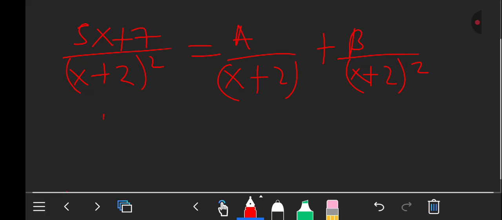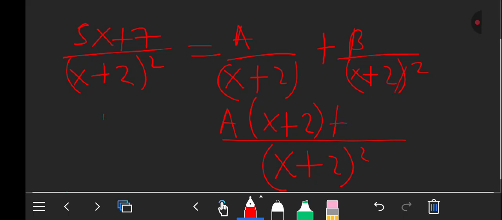Then what I'll do now, I can find the common denominator. The common denominator this side is just x plus 2 squared, right? So I'll say x plus 2 into x plus 2 squared, it is just x plus 2.